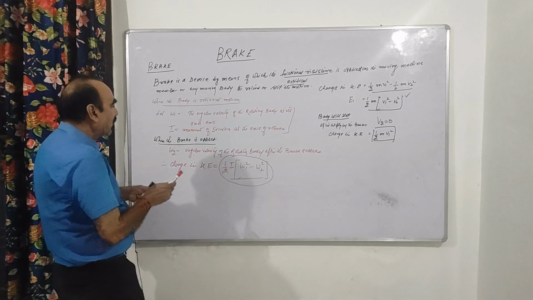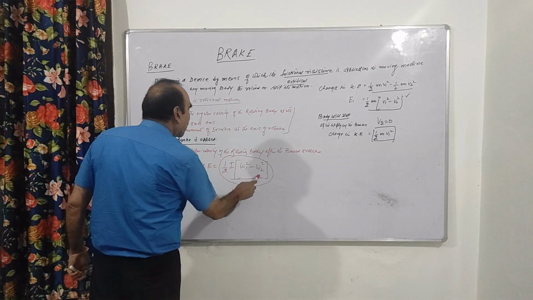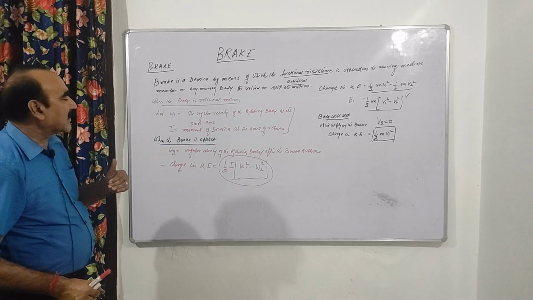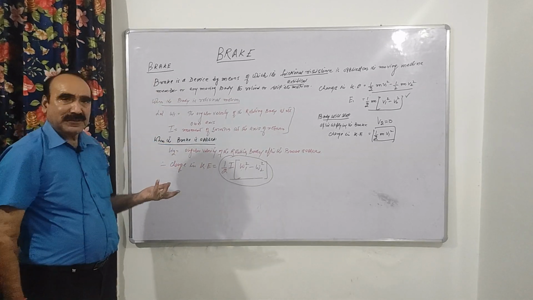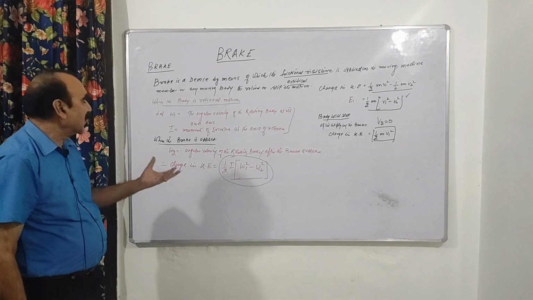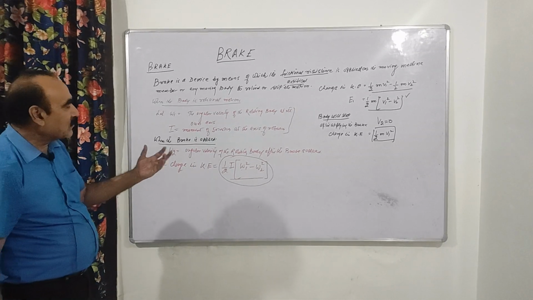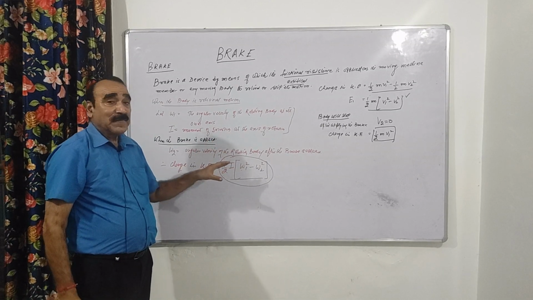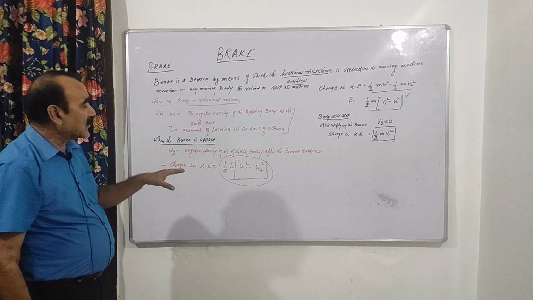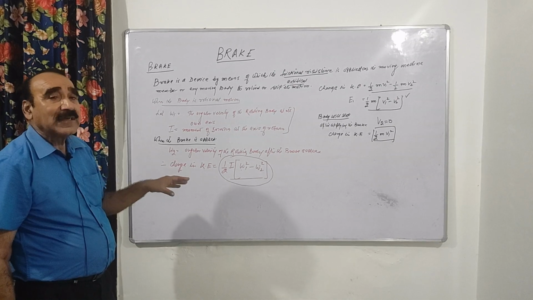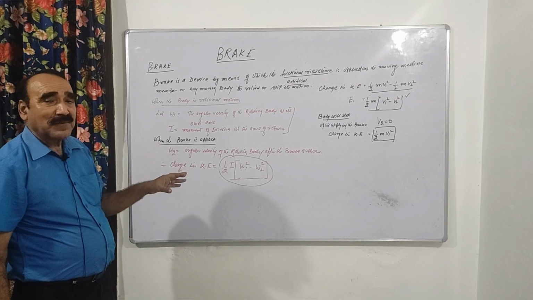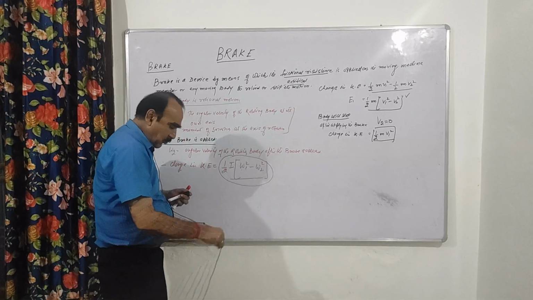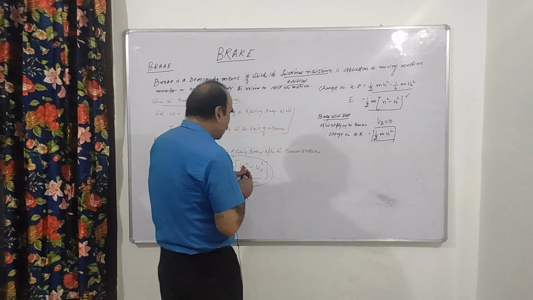So this much of energy is being absorbed by the brake when the body is in rotation. And if finally we put the brake and the body stops, then in this case omega 2 is equal to 0.